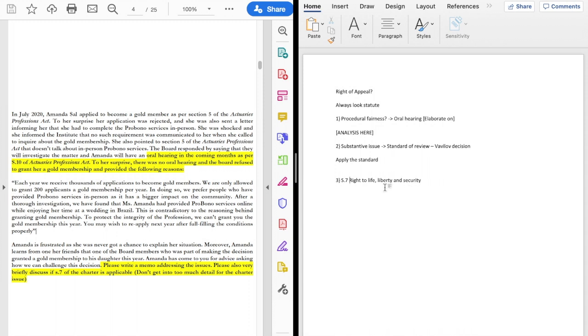Again, you want to make sure that you talk about section 7 and see if this section is applicable in this scenario. I would think that it's not. But if you think otherwise, you should obviously argue that.